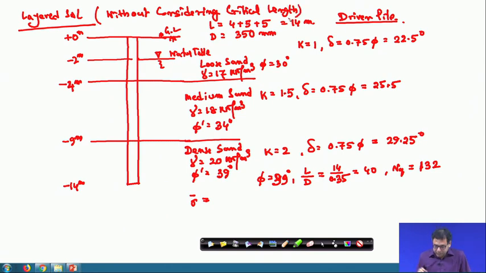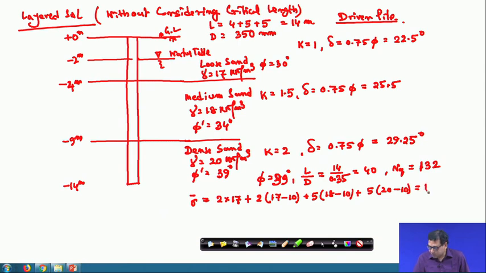So, for the sigma bar, I am taking the full effective overburden pressure. So, sigma bar will be 2 into 17 for the top part above the water table, then 2 into 17 minus 10, then plus 5 into 18 minus 10, then plus 5 into 20 minus 10.